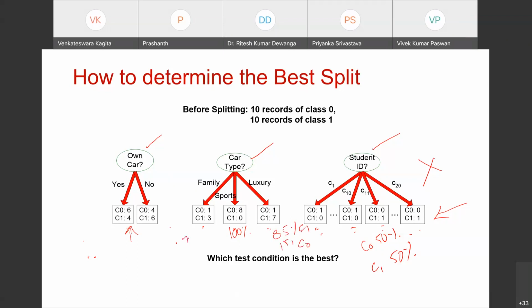This is also 75% class 1, 25% class 0. Okay, so this is leading to more purity as compared to other two attributes. So which one you have to select? The attribute that is leading to more purity, right? So you have to select that attribute, right?